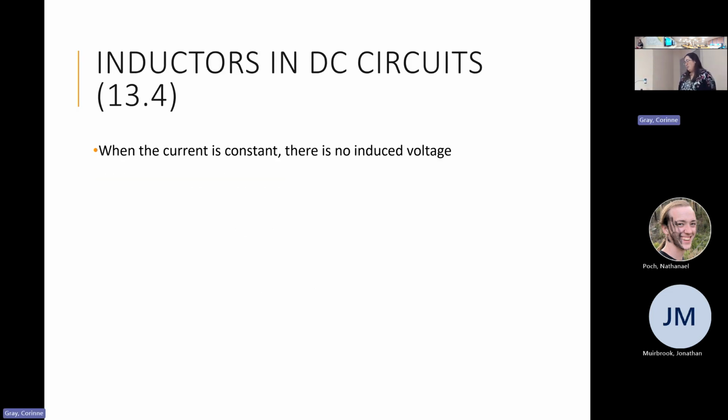When it comes to inductors, over long periods of time we'll have constant current. And when I is constant, what is the time derivative of any constant? So there would be no voltage. When we have a constant current, there's no induced voltage, and so we can treat our inductor like a short.